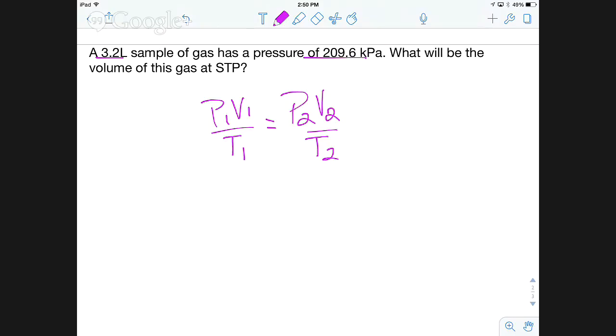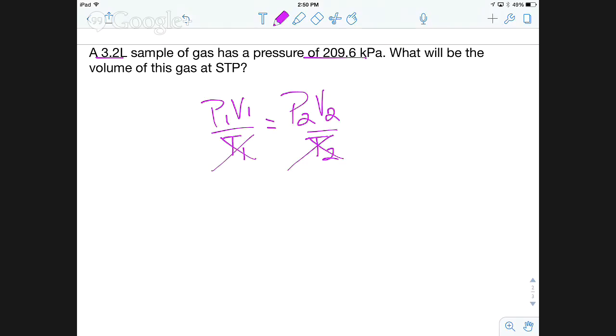I should have mentioned that, but I didn't. So in this case, since this problem doesn't mention temperature, I can just take it out of the equation altogether, right? Because it would cancel itself out. Now you may say, yeah, but temperature is part of STP. That's true, but it didn't say what the initial temperature was, so it couldn't have changed.